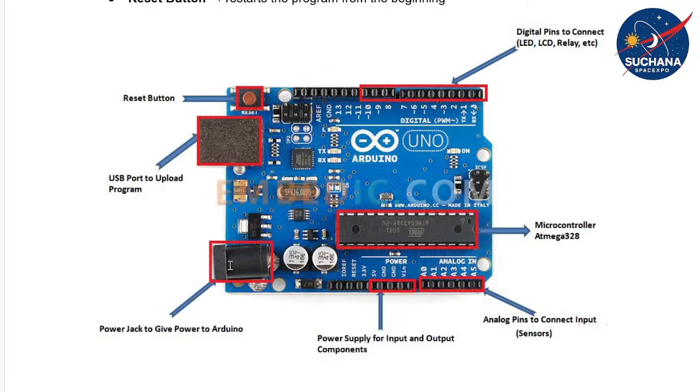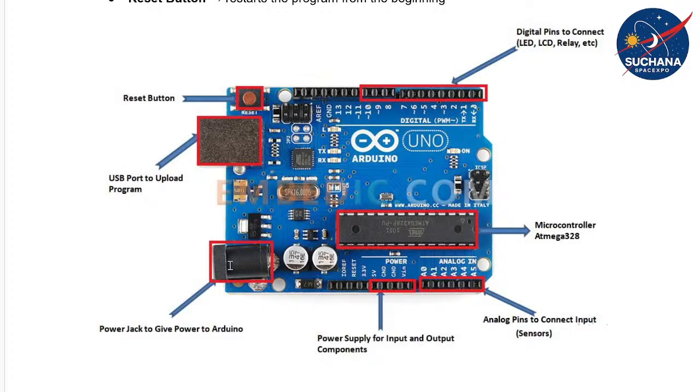In the output mode also, there are two different internal states: a high state and a low state. If you simply configure the pin in the output mode, the LED won't glow immediately, because you have to fix the state, whether it should be high or low. By default, it remains in the low state, even though you configured the pin in output mode.